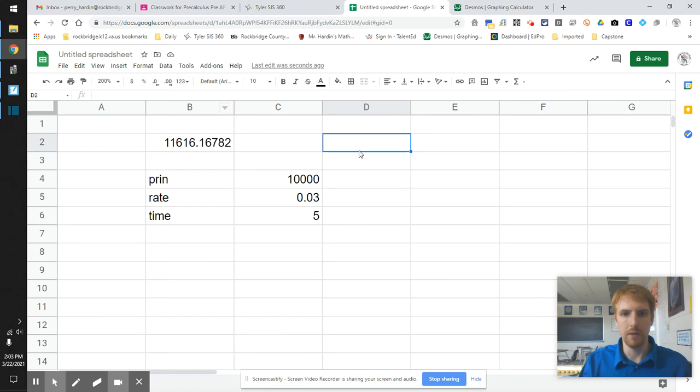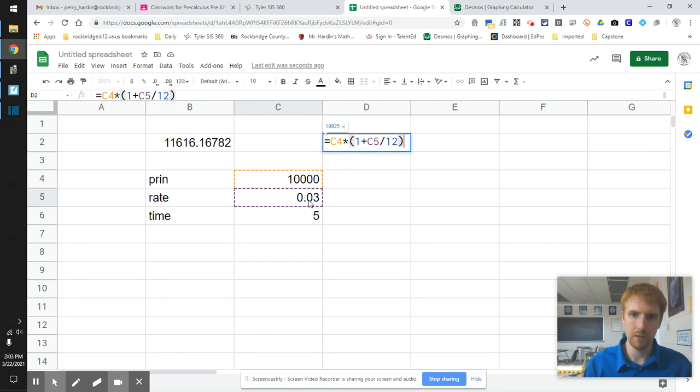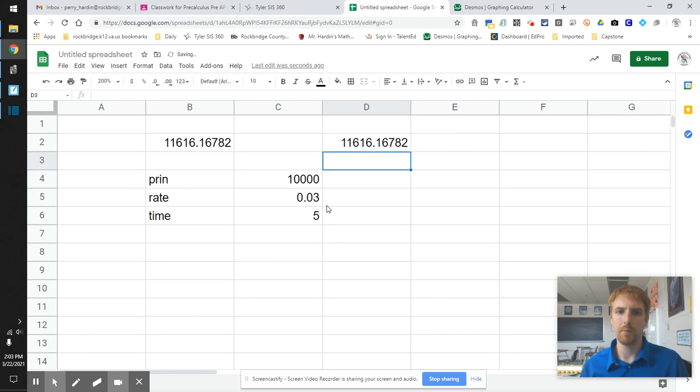All right, so once I've done that, you can say equals the principal times 1 plus the rate divided by 12 to the 12 times time. And I'm just clicking on these numbers, but what that allows me to do, it creates a formula, so later on, I can quickly do the next problem without having to do much work. So that is the one advantage of a spreadsheet. All right, so there you go, you got the same number.